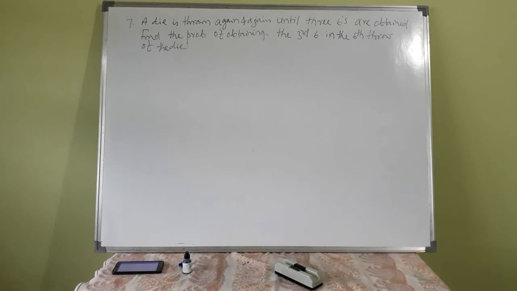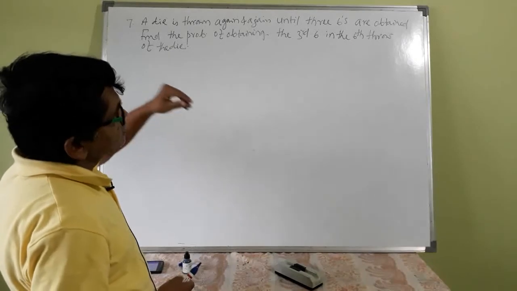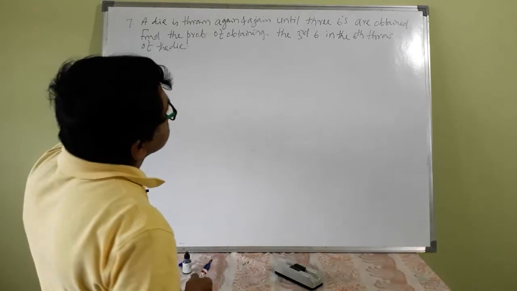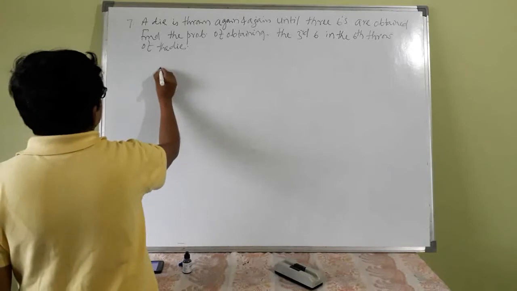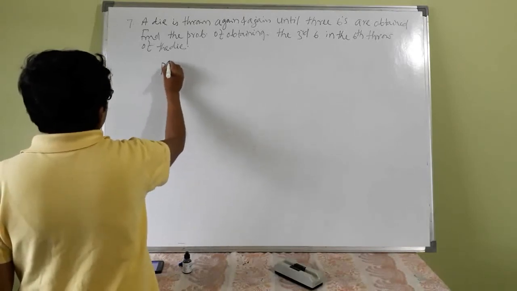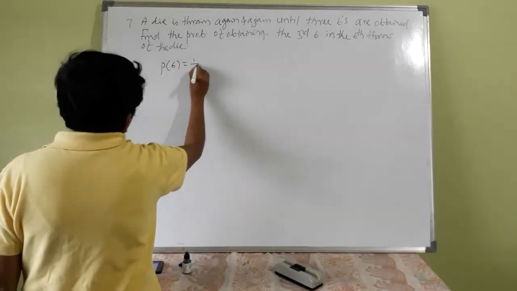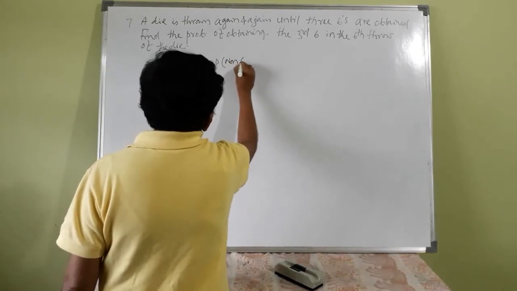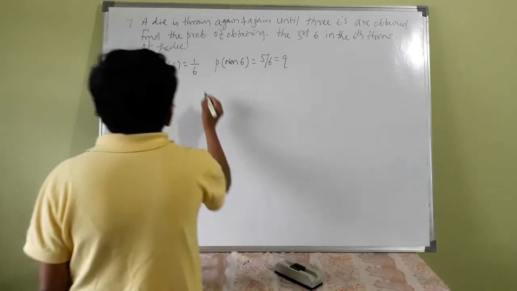That means the first 2 sixes may be in any of the first 5 throws, and the third should be in the 6th throw. The probability of a 6 is 1 by 6. The probability of a non-6 is 5 by 6. This is Q, this is P.